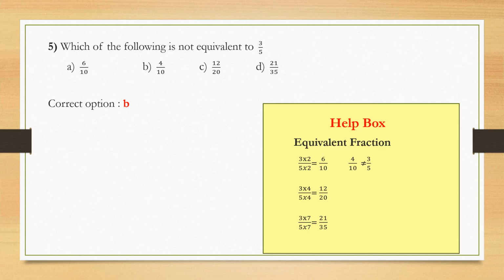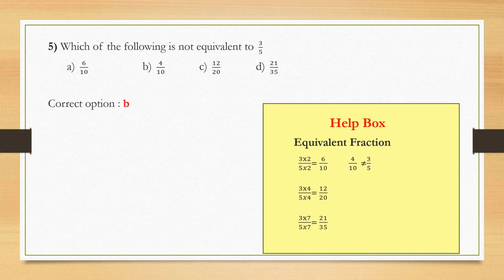And I want one that should not be equivalent to 3 upon 5. Okay, 3 upon 5, when I multiply by 4, I get 12 upon 20. Again, this is an equivalent fraction. Okay, let's move further. 3 upon 5, when multiplied by 7, I get 21 upon 35. So that is also an equivalent fraction.